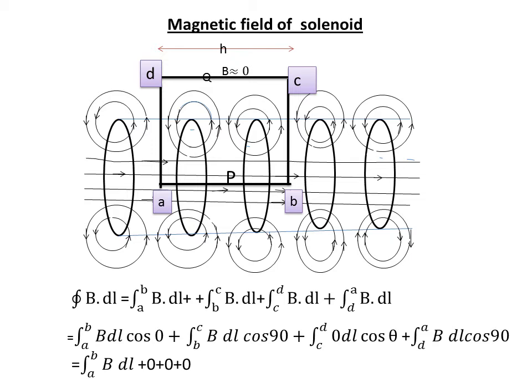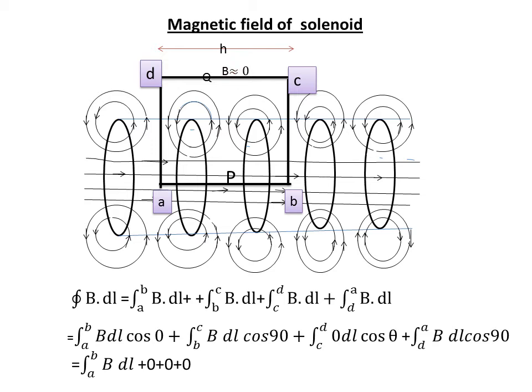Now, let us consider the second part, that is BC. Here magnetic field is in this direction and direction of BC is upwards. That means we can write B dl cos 90. The angle is 90 between BC and magnetic field. Now, we will consider the third part, that is from C to D. From C to D we know that magnetic field here is almost equal to 0.